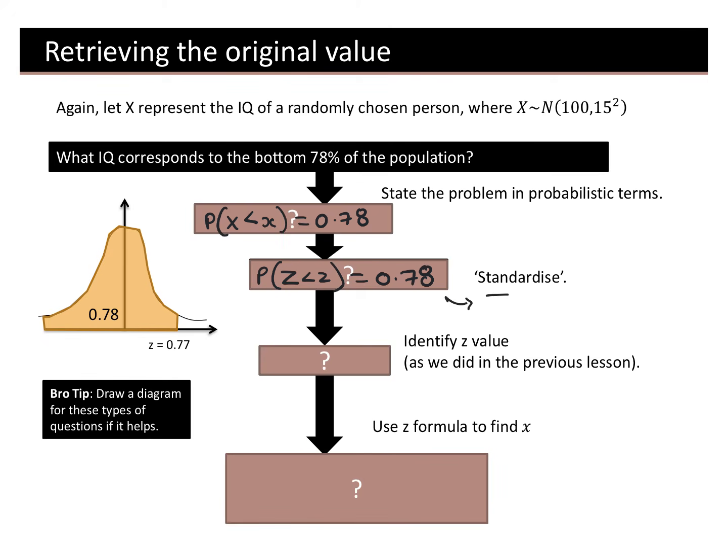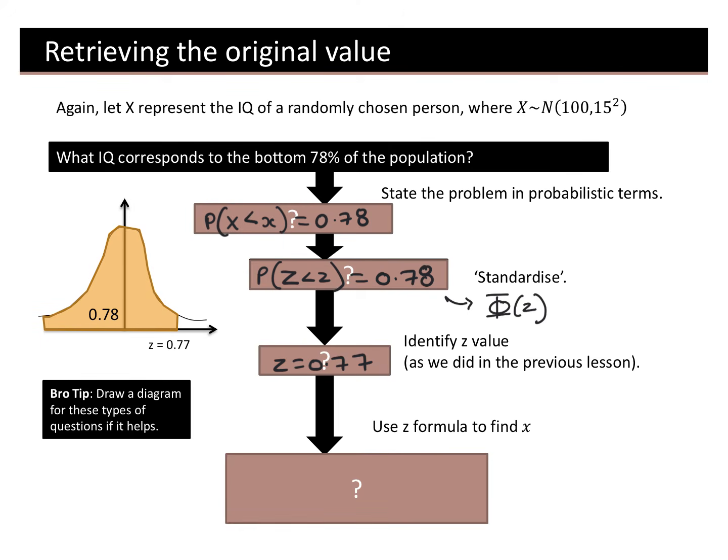Remember, we look in the column for 0.78. Do we find 0.78? What do we get? We get 0.77, found by looking at the table. Then it says use the z formula.